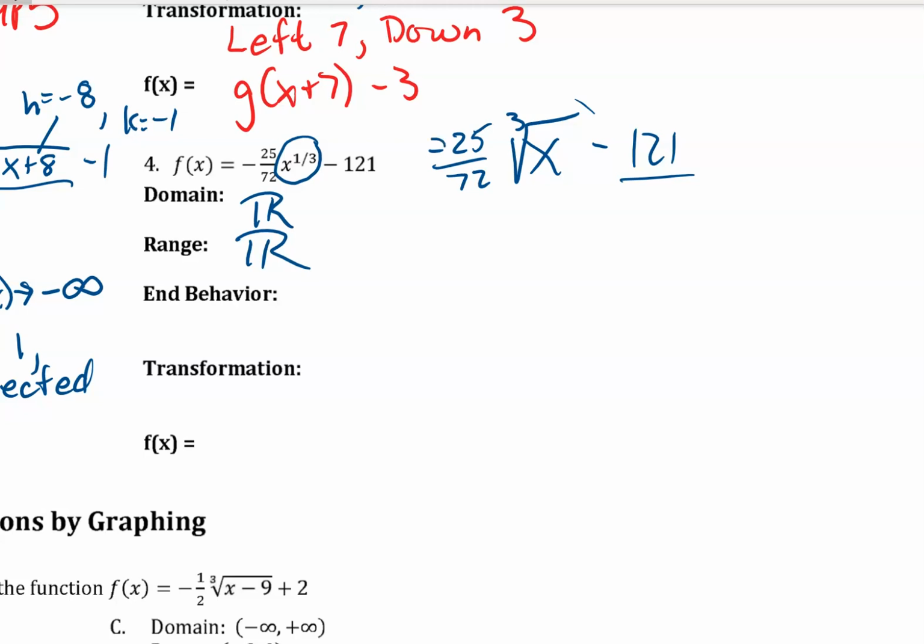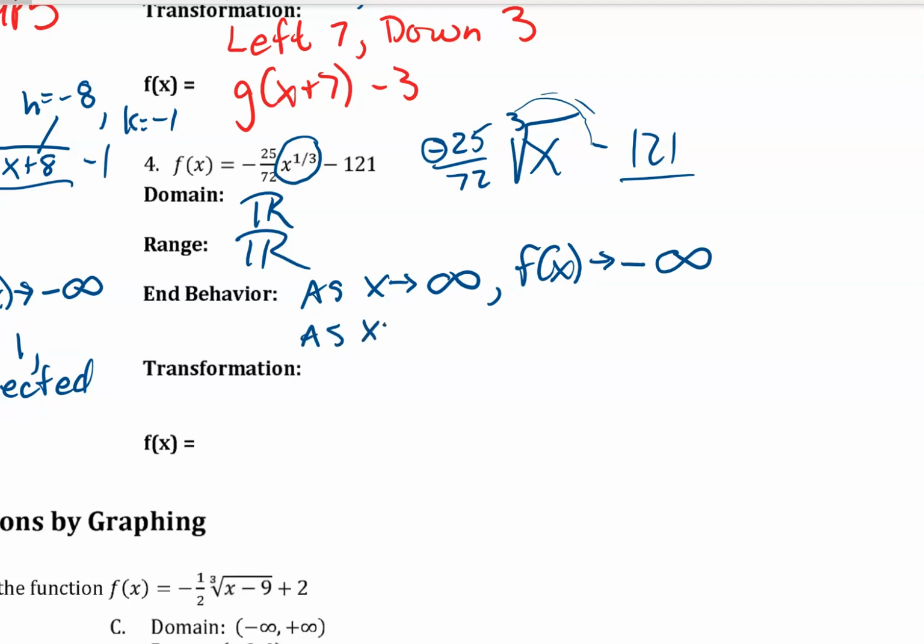End behavior. I have to look at the fact that this is being flipped. So as x approaches positive infinity, the cube root of a very large number is positive, and then it gets multiplied by a negative, that's a large negative number. And then I subtract even more from it. So f of x would approach negative infinity.